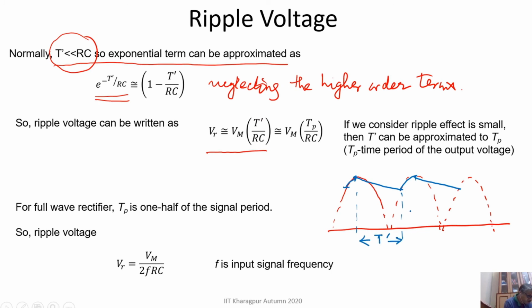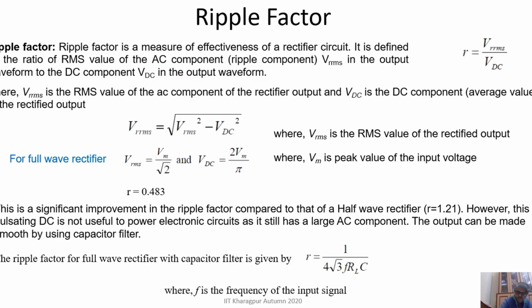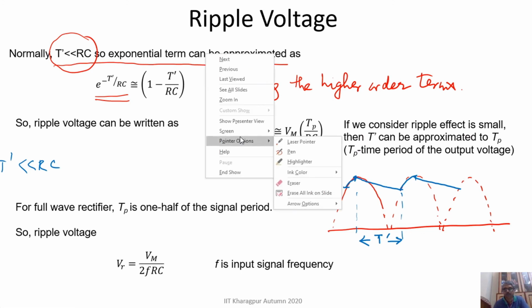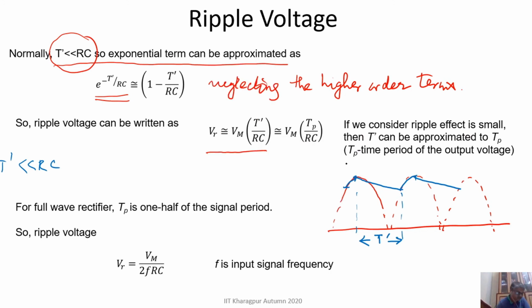Now if you increase your RC, because as we are saying RC is much greater than T dash, then what will happen is that it will discharge less.